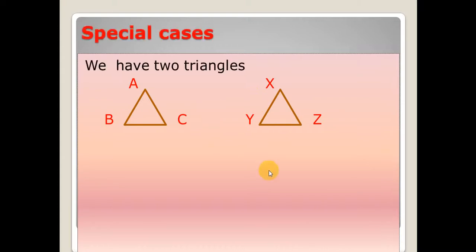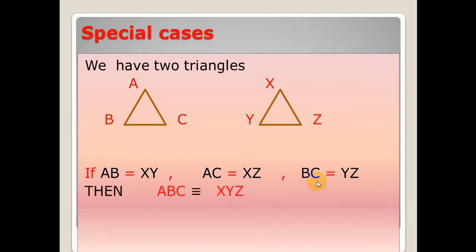And this is also a special case. We have two triangles ABC and XYZ. If I have AB equals XY and AC equals XZ, BC equals YZ, so ABC is congruent to XYZ.